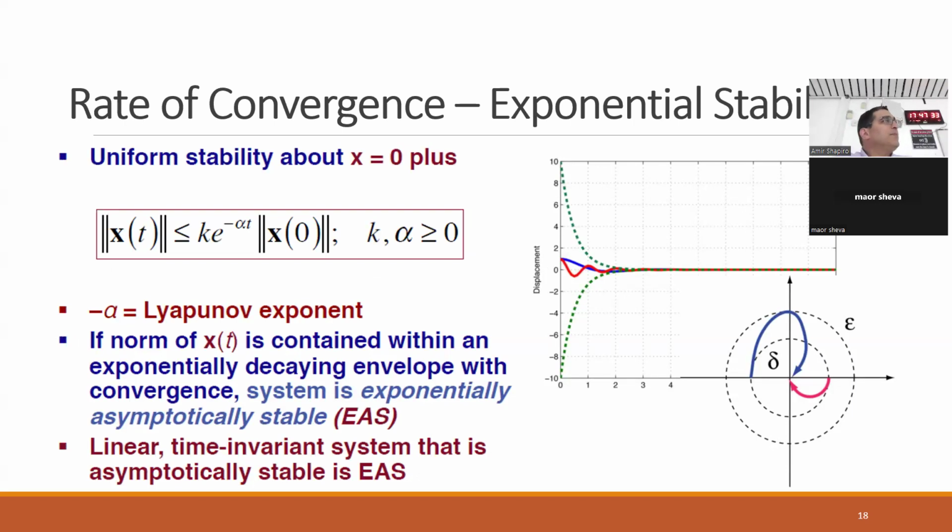If the system is asymptotically stable, then we can talk about the rate of the convergence of the system.